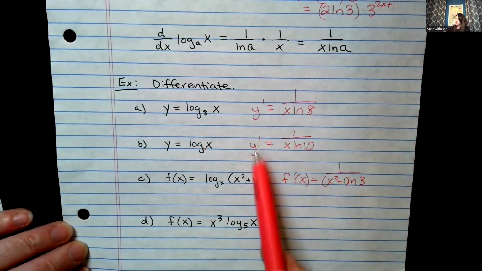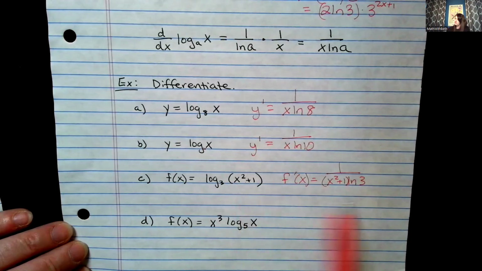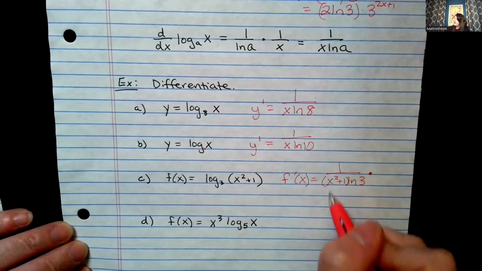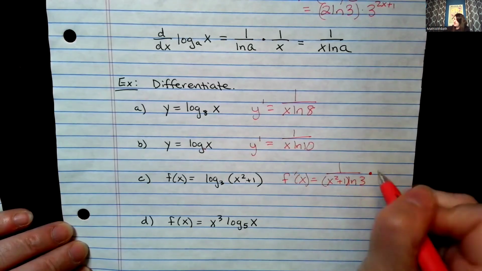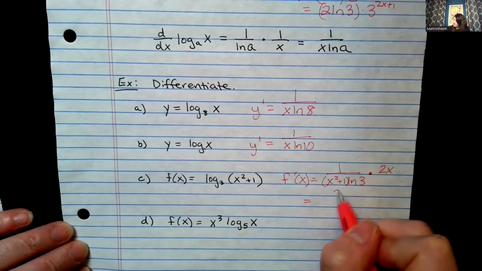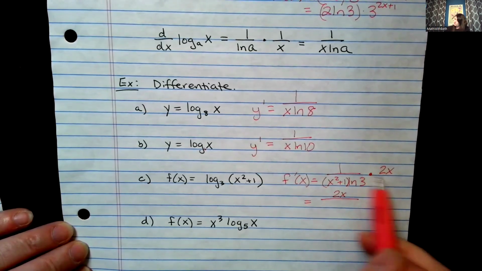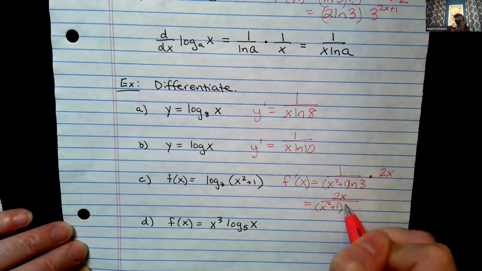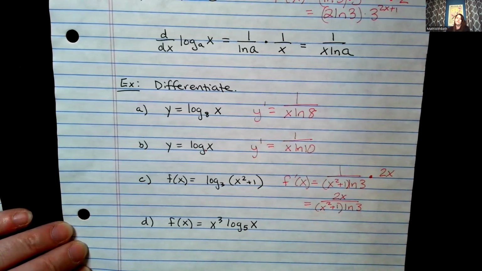That's me just doing this formula. It's just that there was something more than just an x. But now we have to multiply by the derivative of that. That's the chain rule. So you can rewrite this as just one fraction with the 2x on top, and the x squared plus 1 times ln 3 on the bottom.